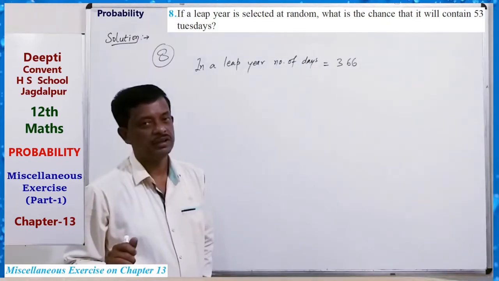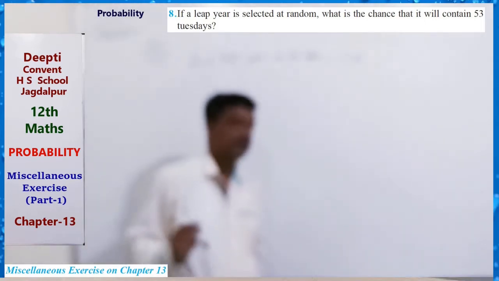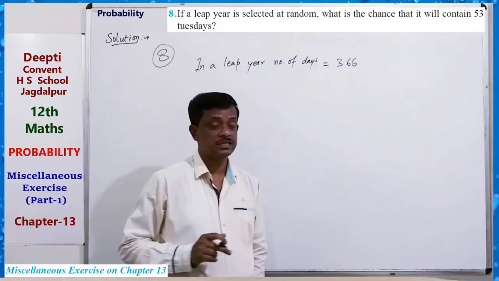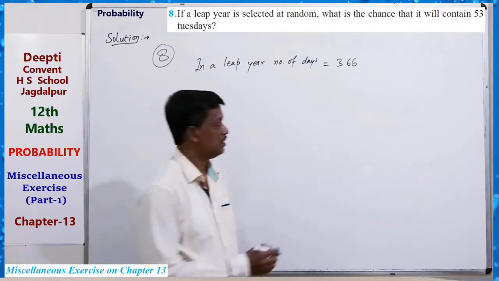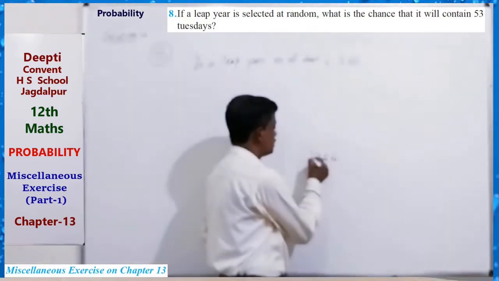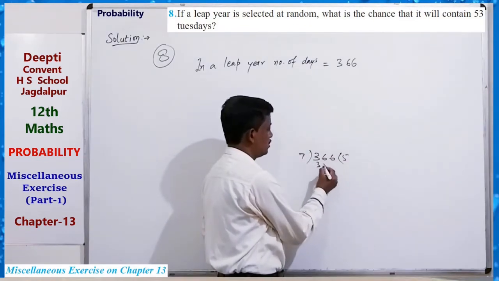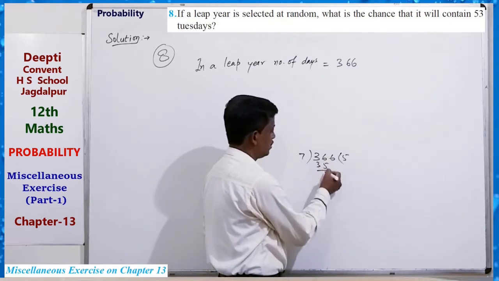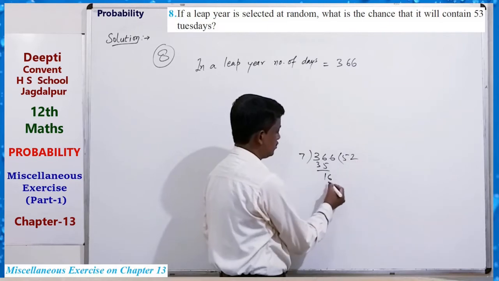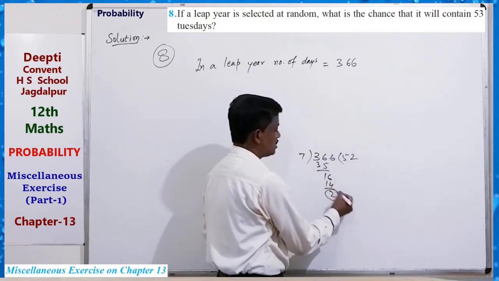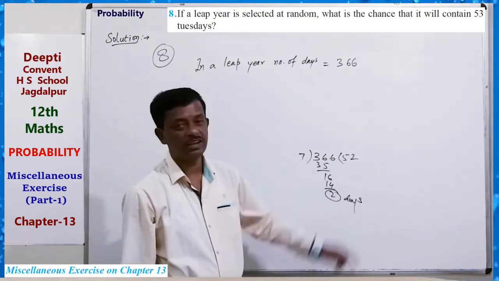In a week all days come, so how many weeks are there? Just divide 366 by 7. So 2 days are remaining, and 52 weeks.